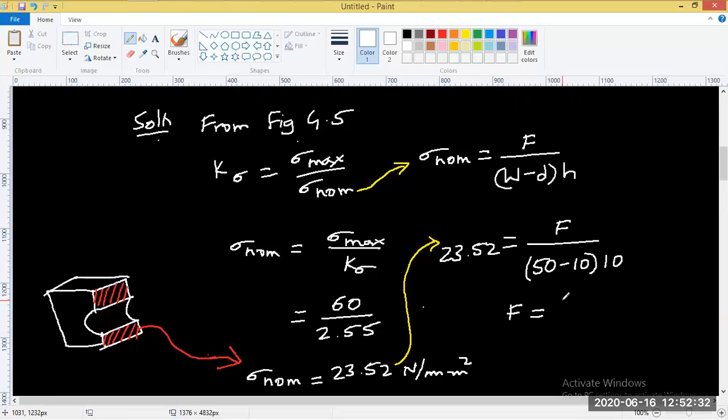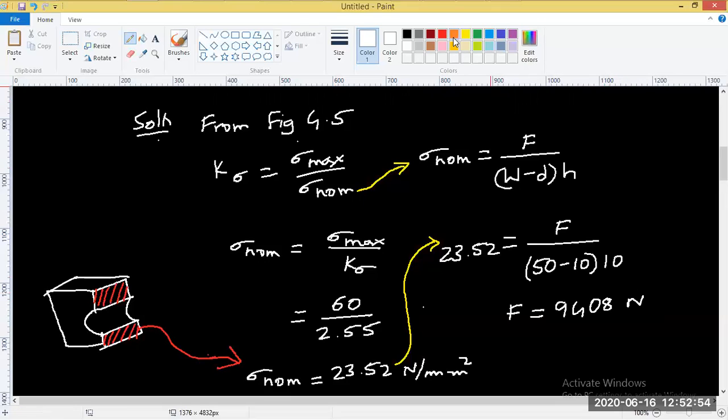400 into 23.52, we got somewhere like 9408. We got the force as 9408 newtons.